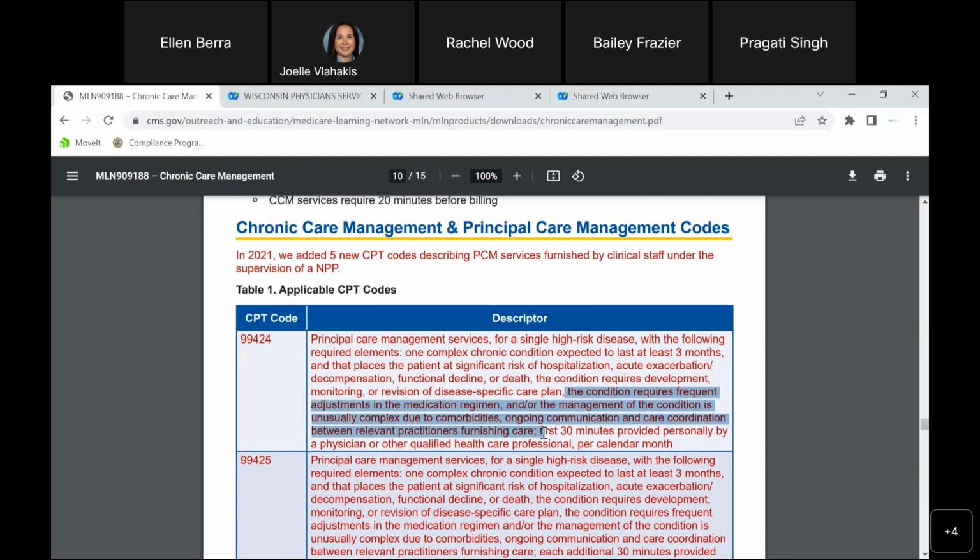There's a lot of medication things going on, or the additional comorbidities make the condition a lot more complex. So when we're talking about CCM, or I'm sorry, principal care management, we're really talking about a patient who is possibly more in crisis than we were talking about with the CCM services themselves.